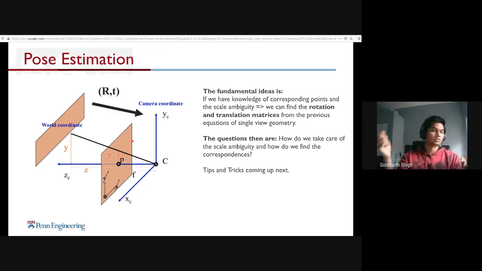If I know that this 1,1 corresponds to 23,17, up to scale ambiguity, we will be able to find the transformation between this point and this thing, right?